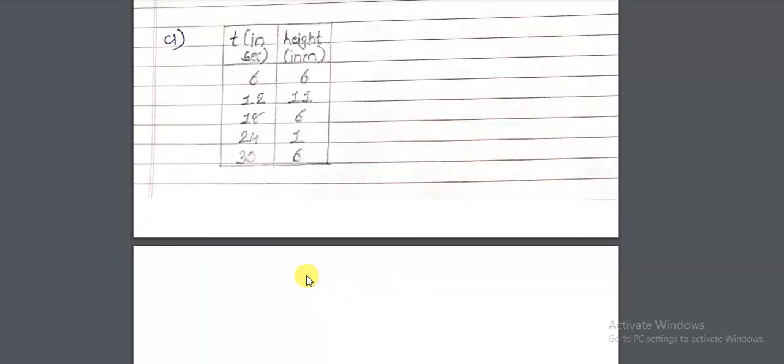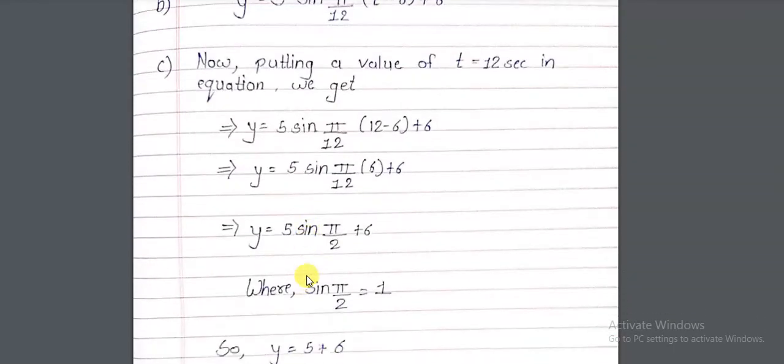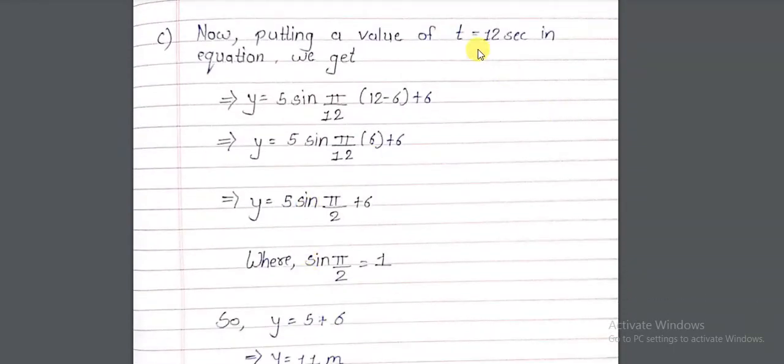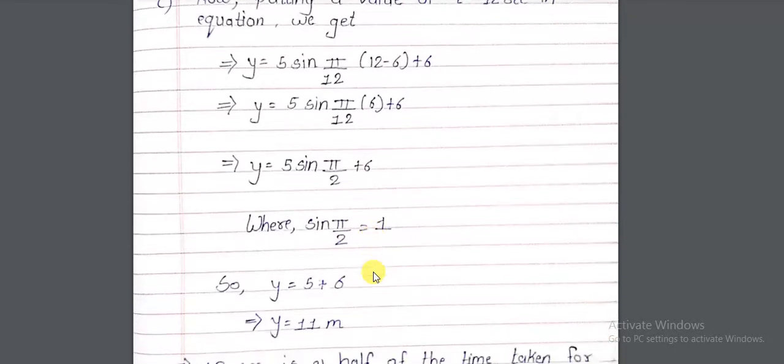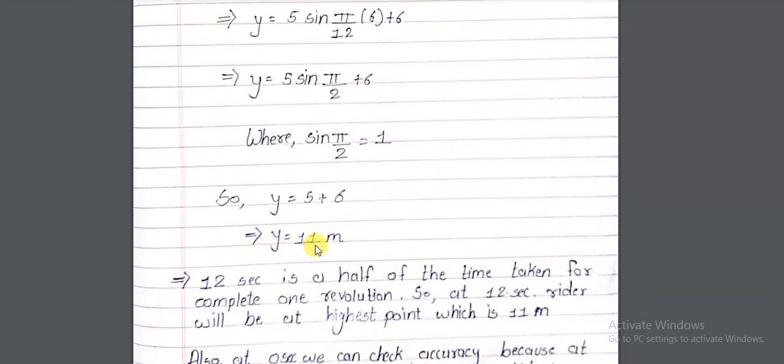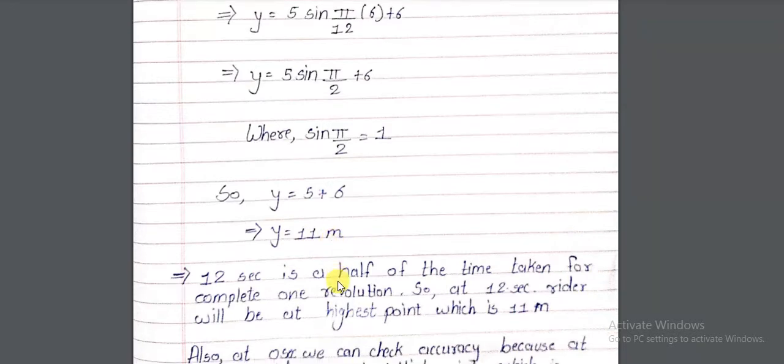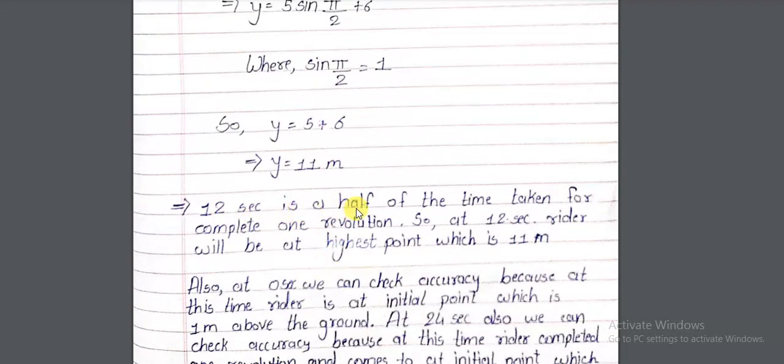The answer to this question is: t is given as 12 seconds. Putting the t value in the equation, we get y = 5 sin(π/12 (12 - 6)) + 6. And here we know sin(π/2) is equal to 1, so the value of y is 11 meters. 12 seconds is half of the time taken for one complete revolution, so at 12 seconds the rider will be at the highest point, which is 11 meters.